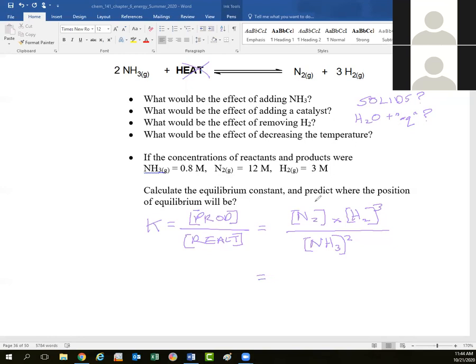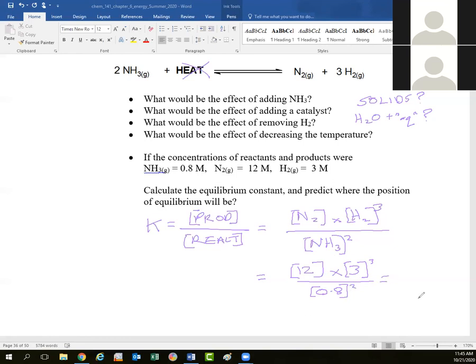So for the nitrogen, that was given as a concentration of 12 molarity, 12 moles per liter. The hydrogen is given as 3, but that's to the power of 3, divided by the concentration of the ammonia, which is just 0.8, but that's to the power of 2.